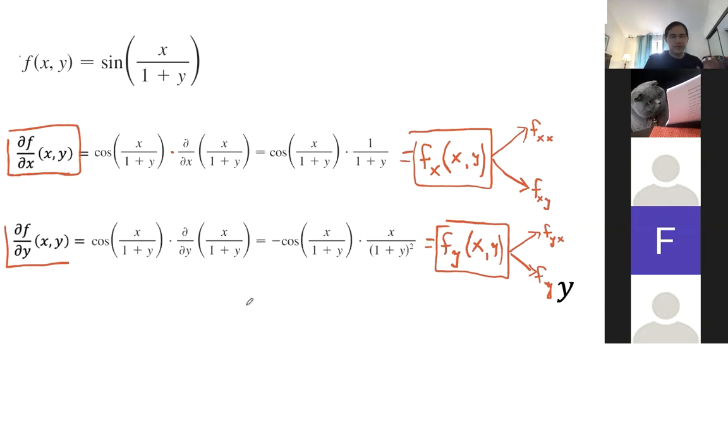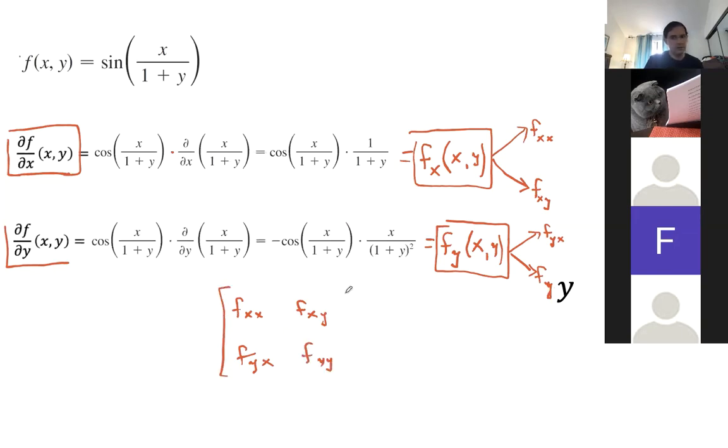So you can look at the matrix: this is the derivative xx, derivative xy, and then that would be yx, and then yy. That would be the matrix of partial derivatives.